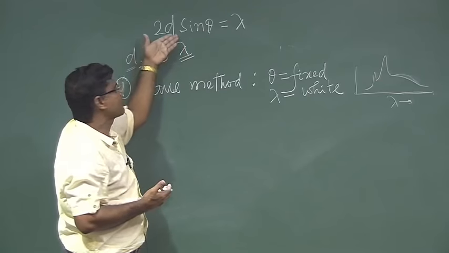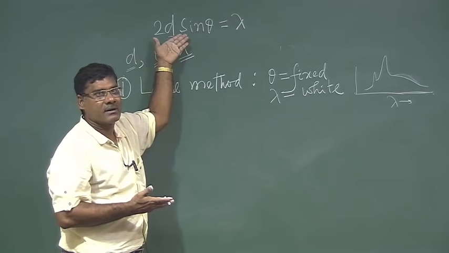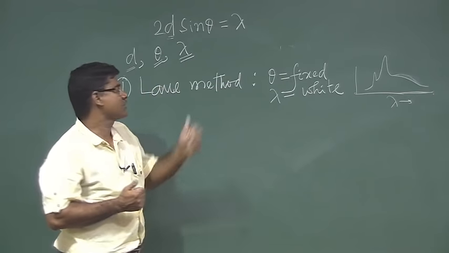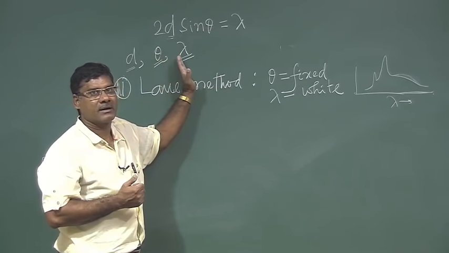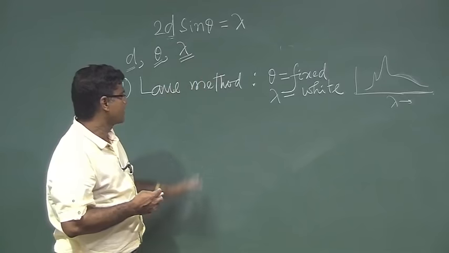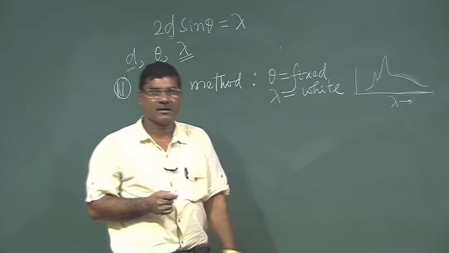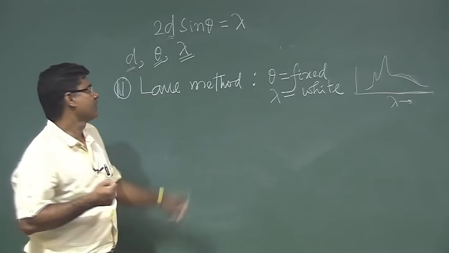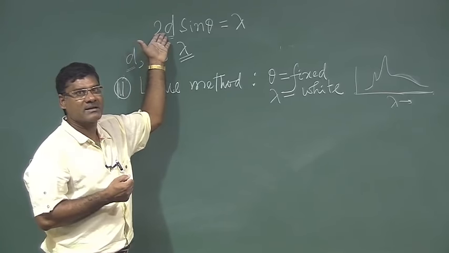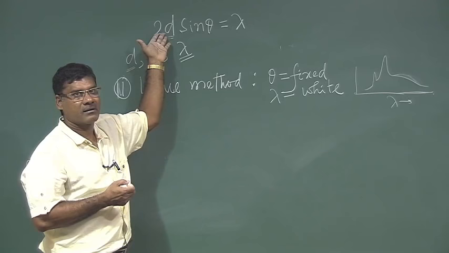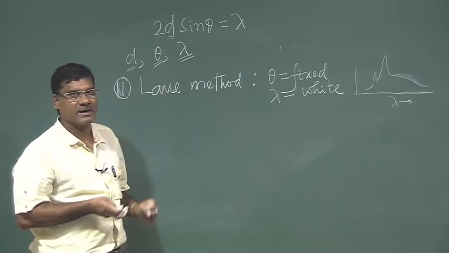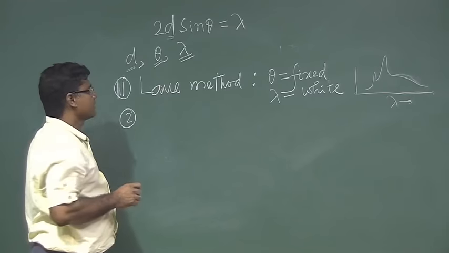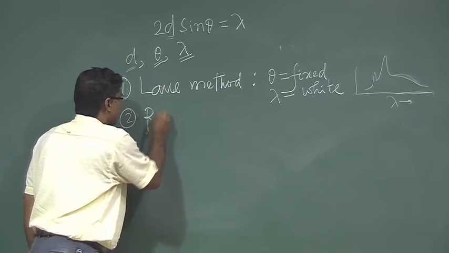For another set of planes, d2 say, it will pick up another lambda to satisfy the relation. Okay. So, we will get peaks, or constructive interference, for all planes in the crystal. So, this is the Laue method, and the second method is called the rotating crystal method.